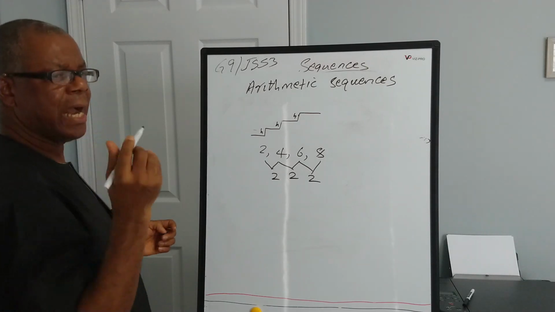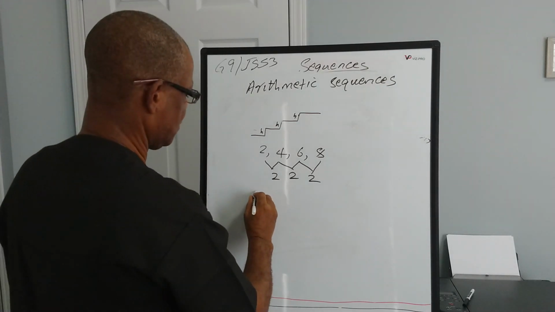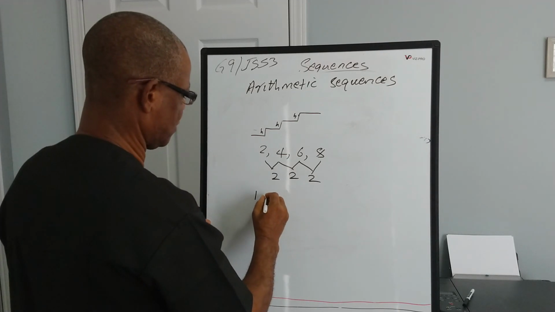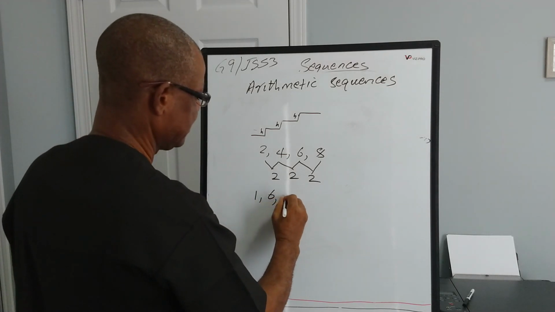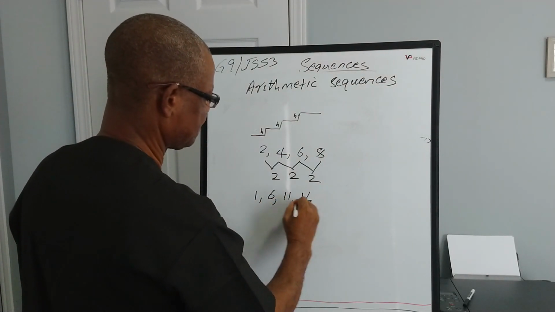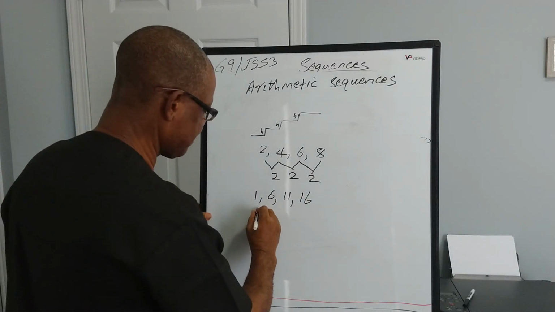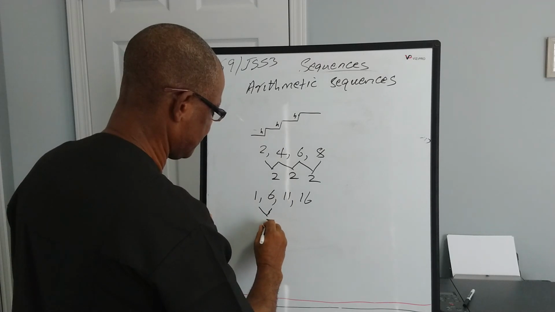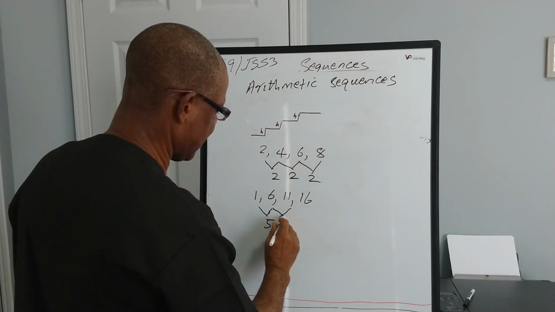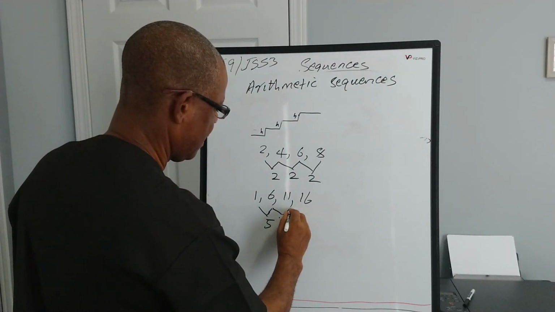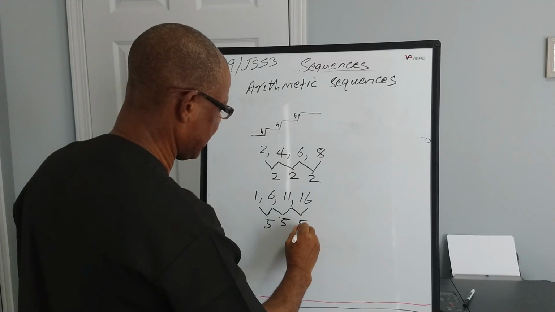Also, we had a question with the sequence 1, 6, 11, 16. You discover that 6 minus 1 will give you 5. 11 minus 6, 5. And 16 minus 11, 5.